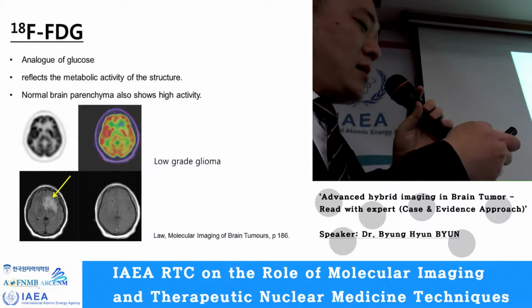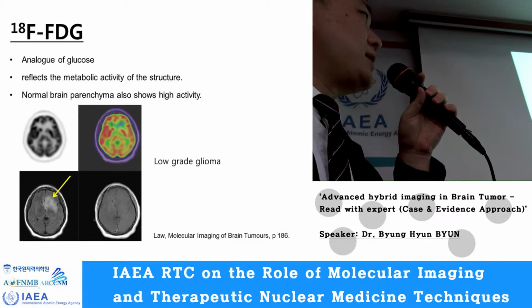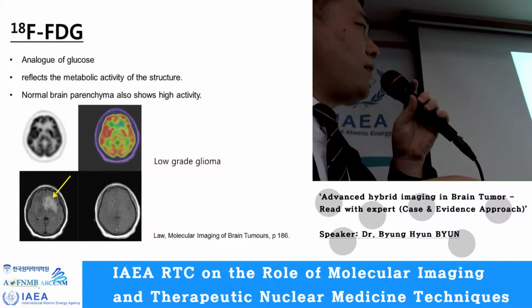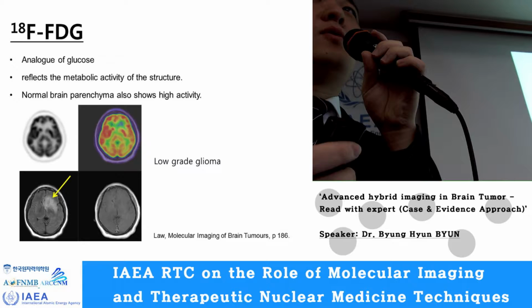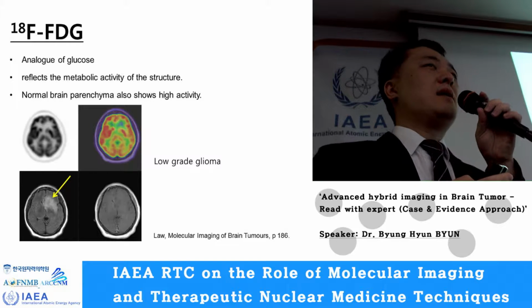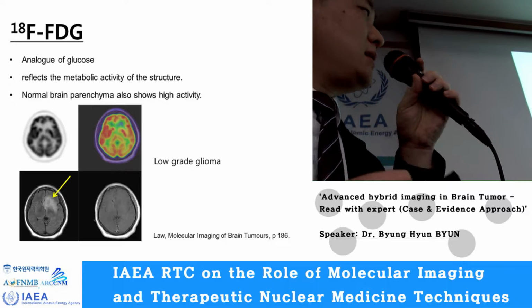It is an analog of glucose, and it reflects the metabolic activity of the structure. But normal brain parenchyma also shows high activity, as you know well. So this is a drawback of F18 FDG in brain tumors.